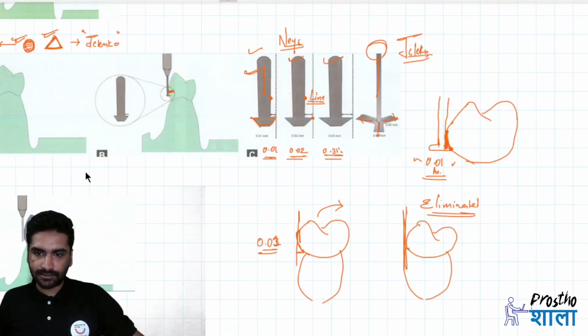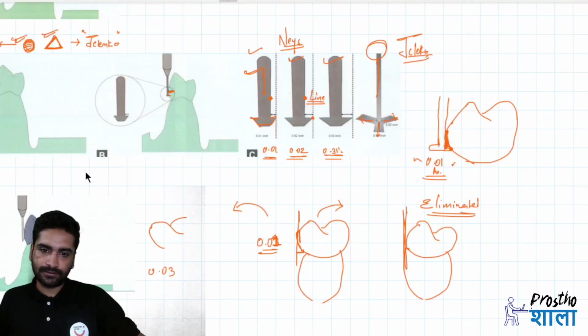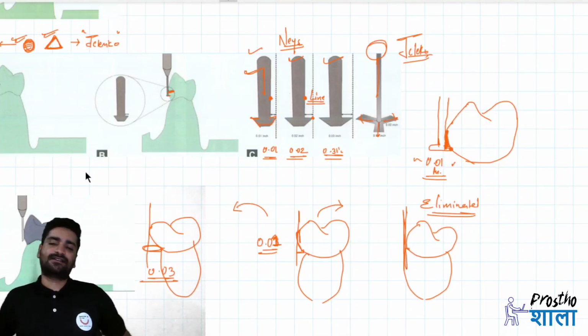Suppose this undercut is of 0.01 only. I want a 0.03 undercut. So what I can do, I can tilt the cast this way. So when I tilt the cast or teeth this way, now this area is increased, right? So this becomes a 0.03 undercut.